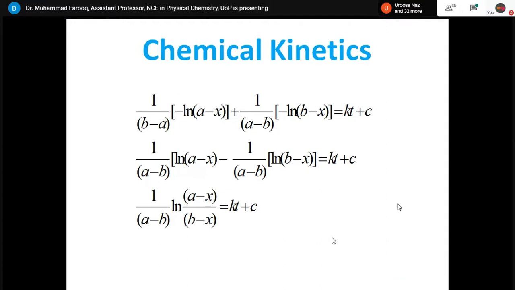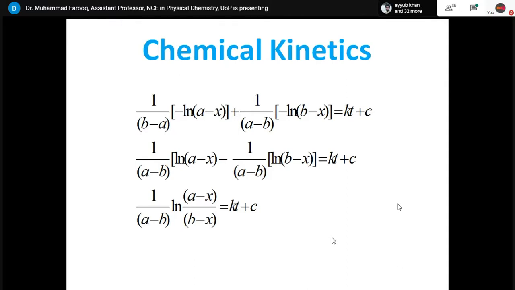So I can write log of a minus x divided by b minus x is equal to kt plus c. This is the log property. I can write down this way also. This clear or not? Yes, sir. Okay, clear?